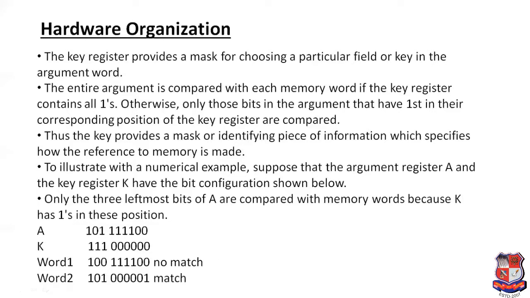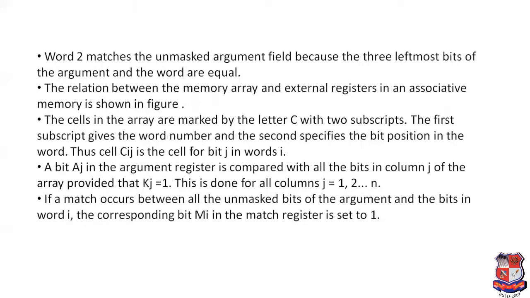Word 1 is 100 111100, which has no match with the argument register, but word 2, with the data bits 101 000 001, does match. So the first 3-bit positions of the argument register are matched with word 2, that is 101. So here the match is found, so reading can be made possible.